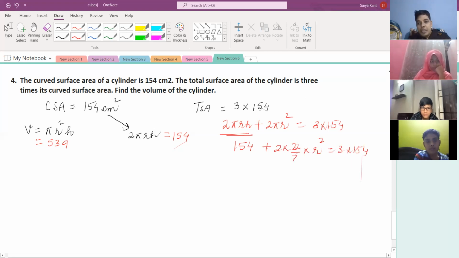So if you see here, only r is pending on this side. R you can find from here. So 2 into 22 by 7 into r square is equal to what? 2 into 154.